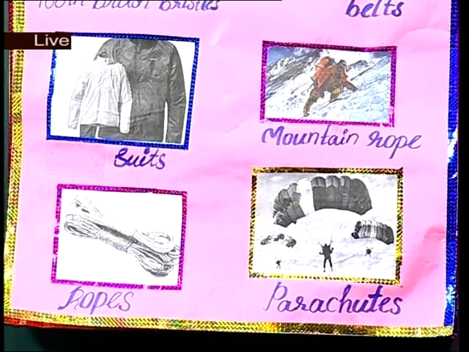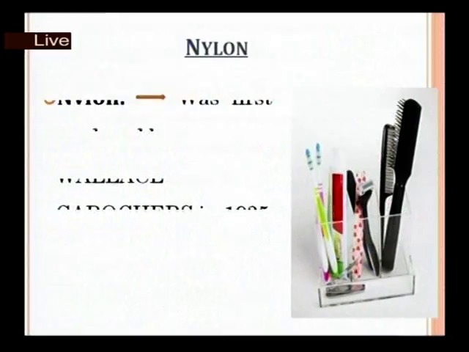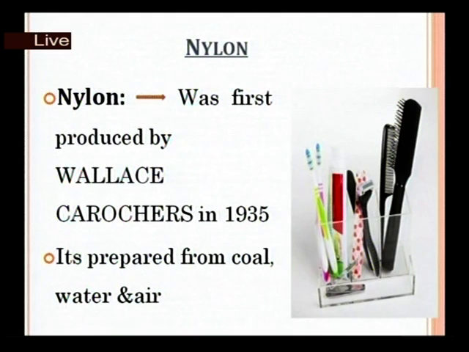Now see on your slide. Nylon. Nylon was first produced by Wallace Carothers in 1935, and nylon is prepared from coal, water and air.